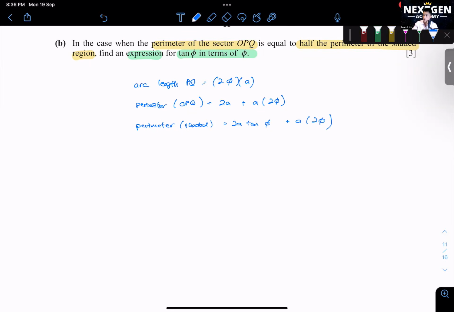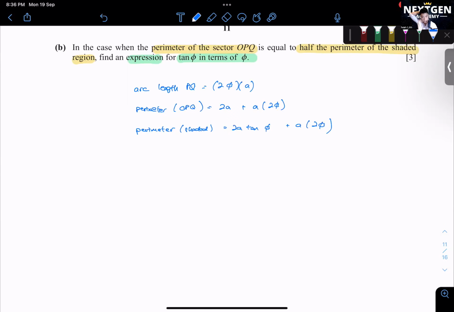They say half the perimeter, so you need to multiply by half for the shaded one: 2A plus 2A phi equals 1 over 2 times (2A tan phi plus 2A phi).